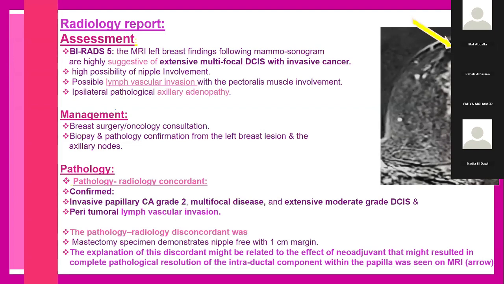As you have seen here, it is very obvious, the dilatation of the duct within the papilla of the nipple with intraductal lesion. But this can be explained by complete pathological resolution following neoadjuvant chemotherapy. The patient received neoadjuvant chemotherapy, which can explain the pathological resolution of such findings.